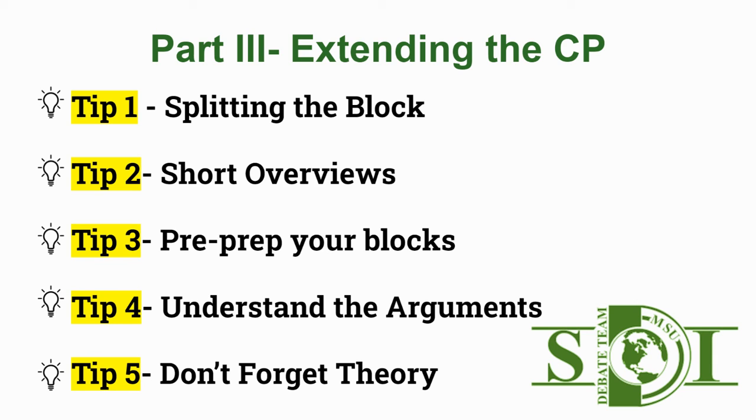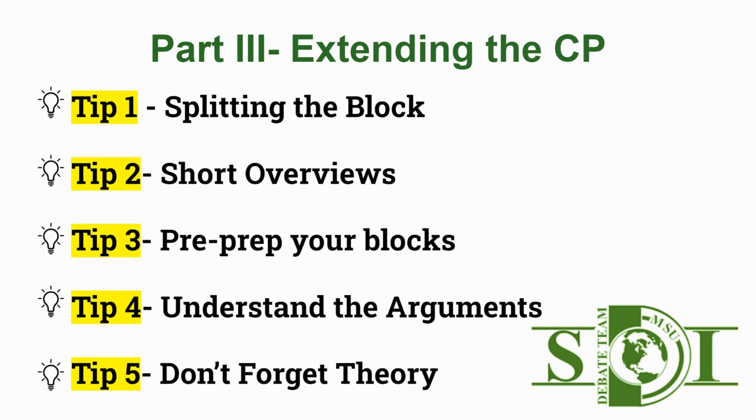You should not stop cross-X or stop asking questions until you understand all of the solvency deficits and all of the permutations. It's also a really good idea to use that cross-X time to ask about theory. You might have to investigate, ask follow-up questions on this, and read their evidence. But once you have a solid understanding of their arguments, you can better craft your responses on the counterplan.